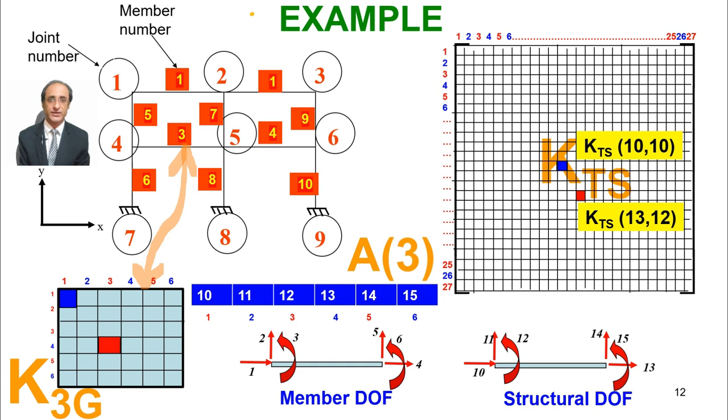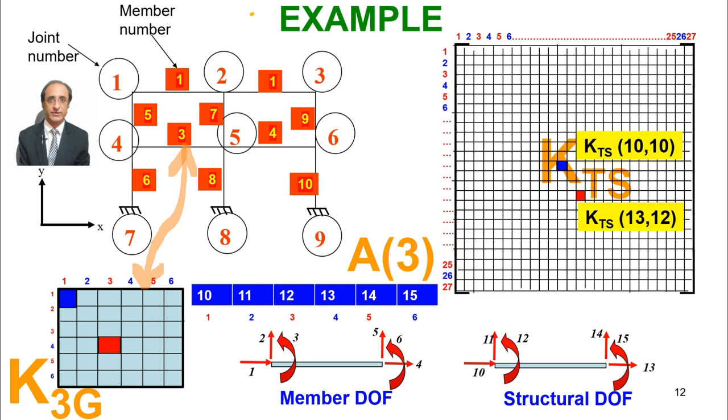So let's say for example here the degrees of freedom are 12, 11, 10, 10, 11, 12. So these 3 elements will contribute. These 3 elements will contribute corresponding to these degrees of freedom.